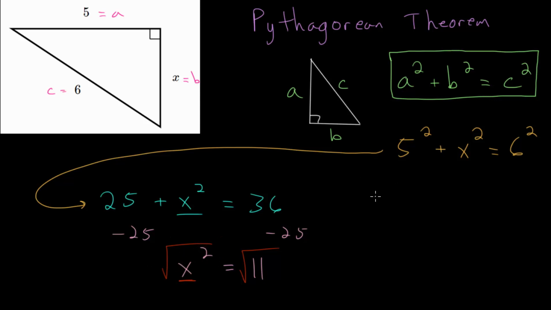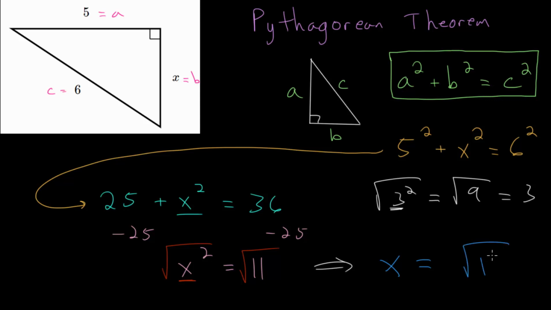For instance, if we had the square root of 3 squared, 3 squared is 9, and the square root of 9 is 3. So the square root and the square cancel each other, and we're left with just 3. On the left-hand side, we will just get x, and on the right-hand side, we get the square root of 11.